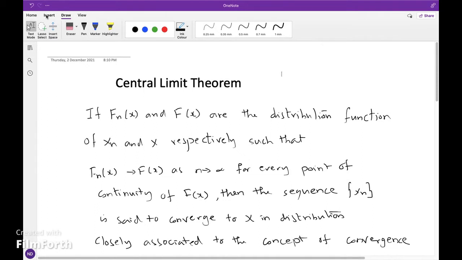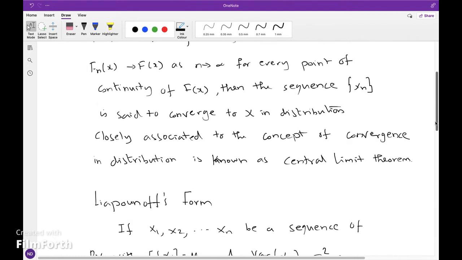If Fn of x and F of x are the distribution functions of Xn and X respectively, such that Fn of x tends to F of x as n tends to infinity for every point of continuity of F of x, then the sequence Xn is said to converge to X in distribution.